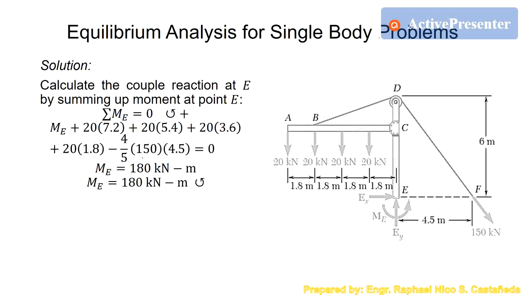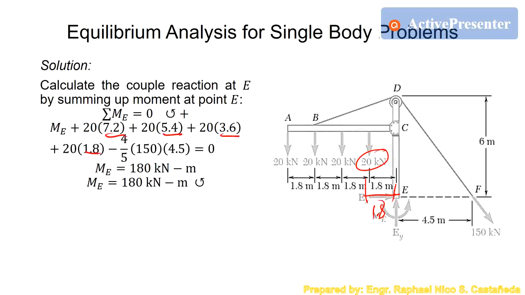But we have different distances. For this 20 kilonewton force, the distance is this one, which is 7.2 meters. For this 20 kilonewton force, the distance is 5.4. The other one, 20, is 3.6. And the last one is this distance, which is 1.8.